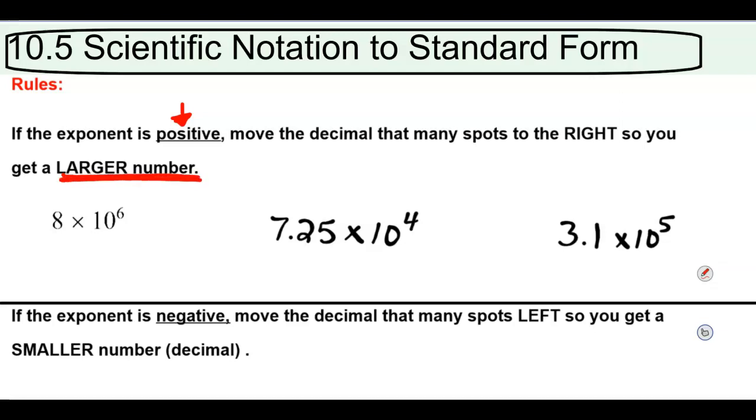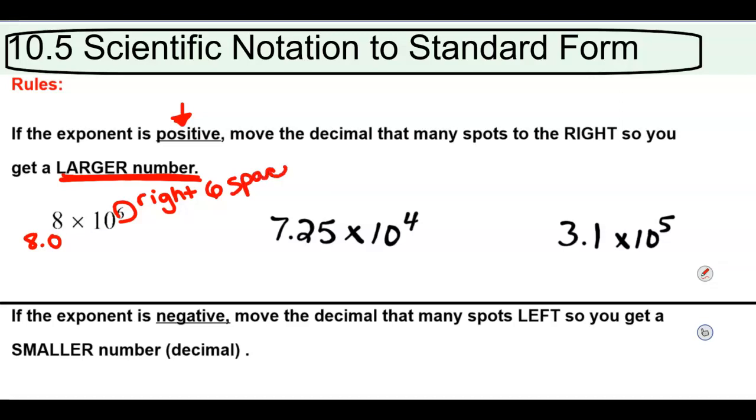So positive exponents means larger numbers. With 8, I'm pretending that this says 8 point, because remember with a whole number, we don't always put the decimal point, so I can write it as 8.0. And then this is a positive 6, which means I'm going to move it right 6 spaces.